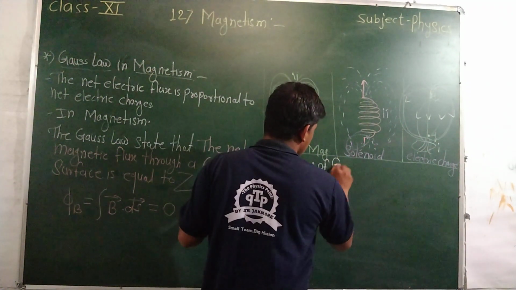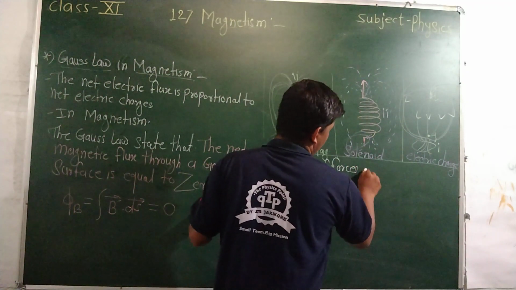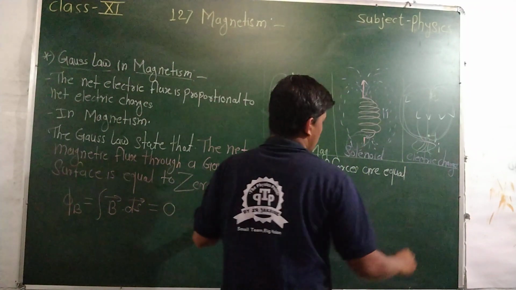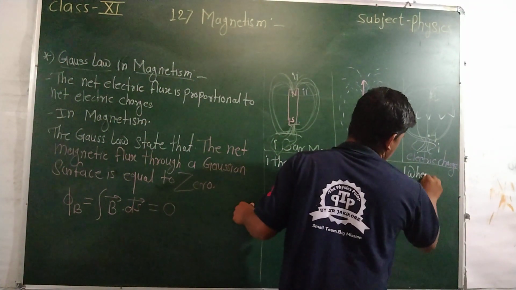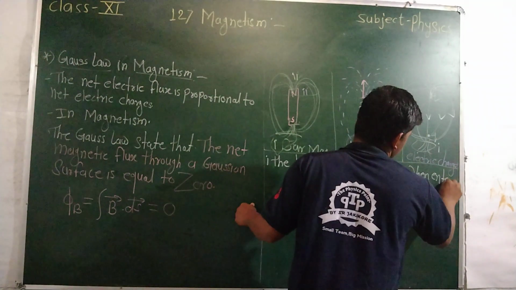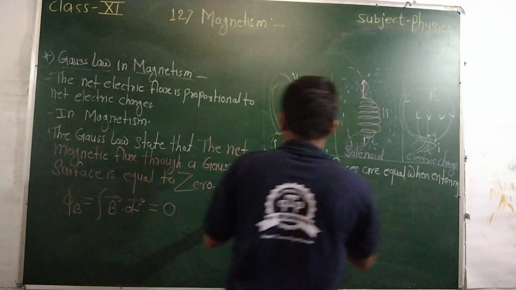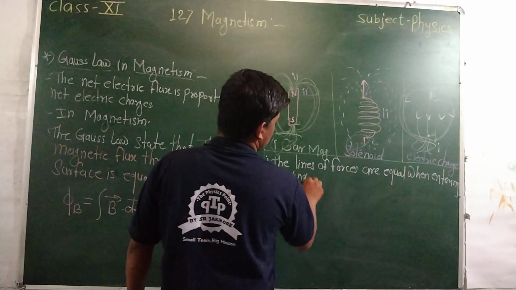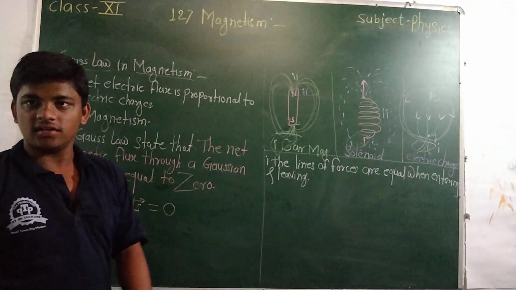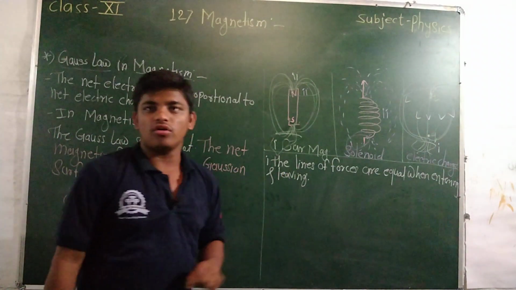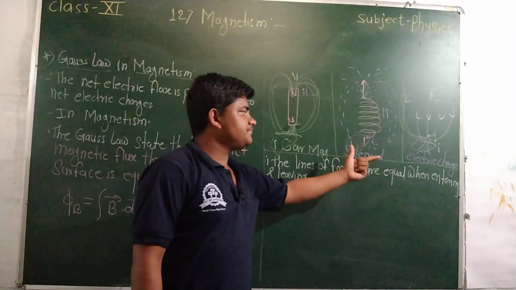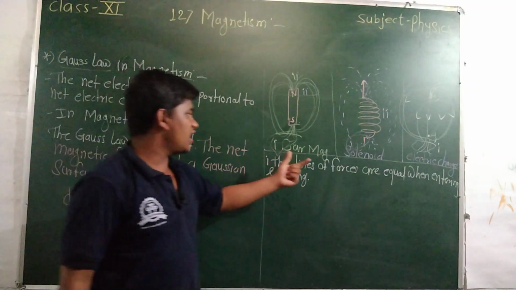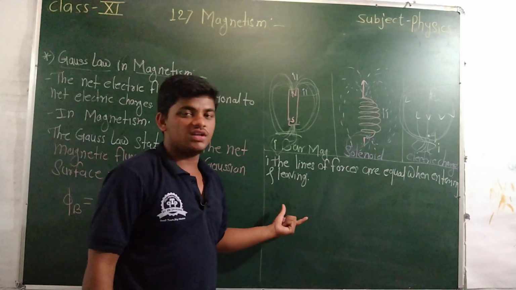The lines of force are equal when entering and leaving. This is the first and important term, and it is the same for all diagrams for the first surface.